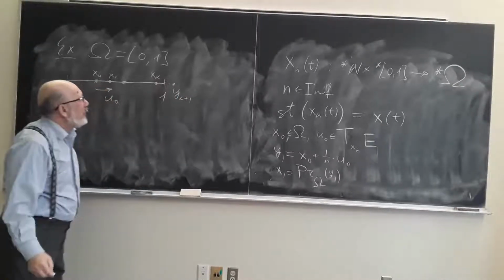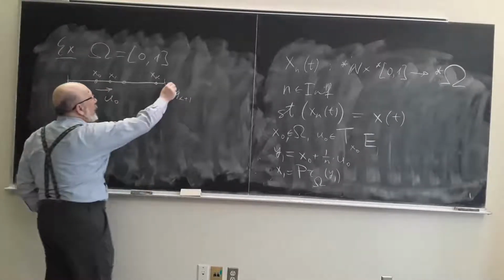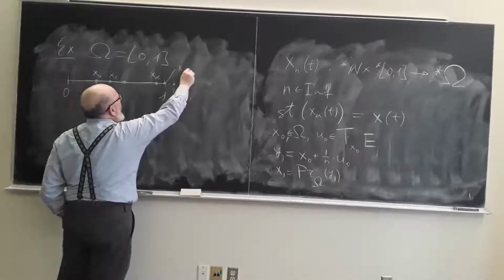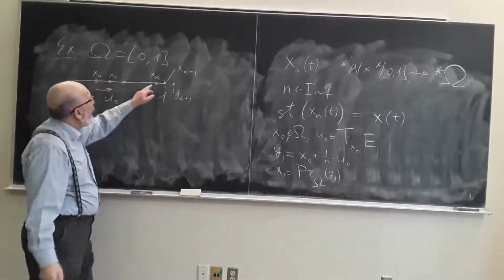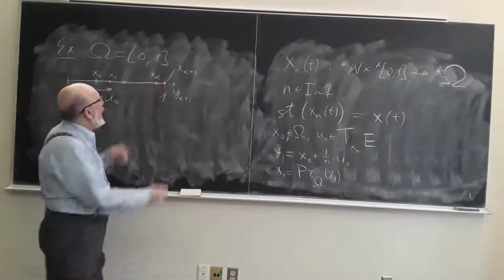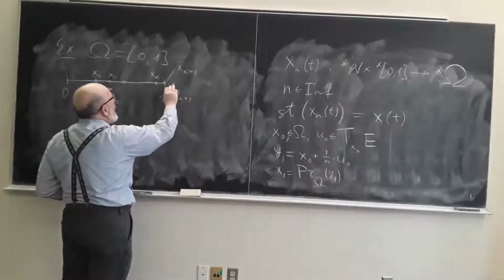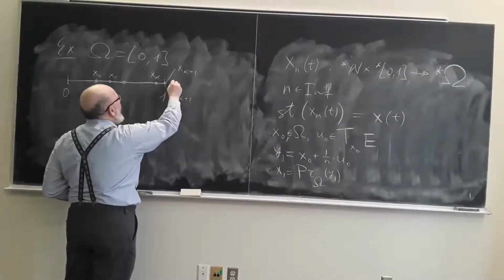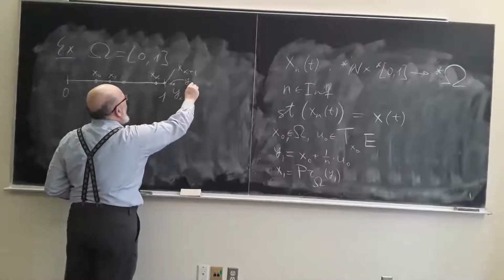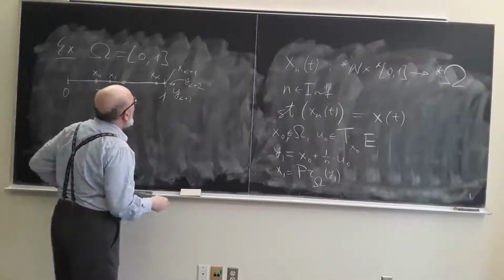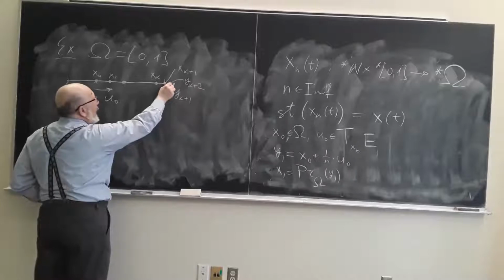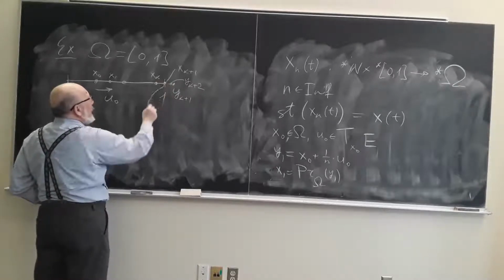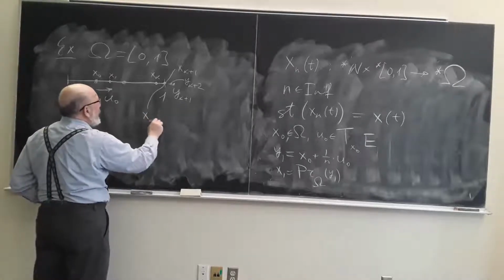It is already beyond this segment, so xk plus 1 is here. By the same rule, we have here, say, yk plus 2, and again, if you take the closest point, it is the point 1, xk plus 2.